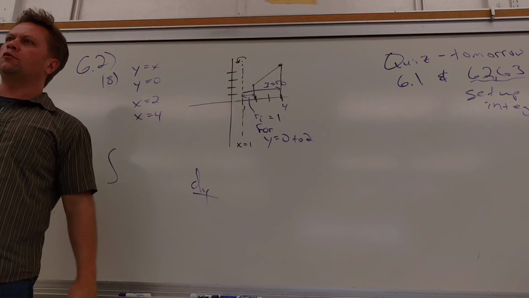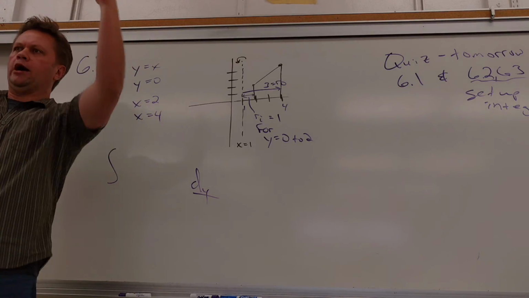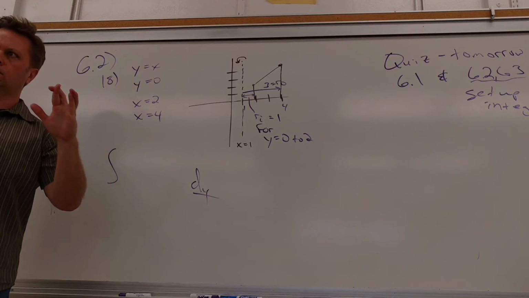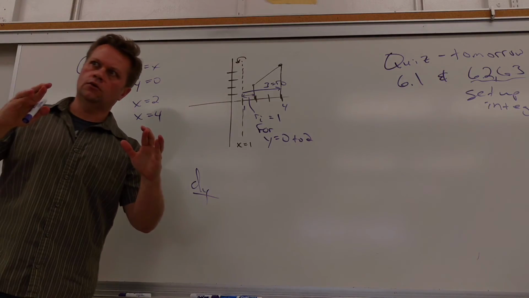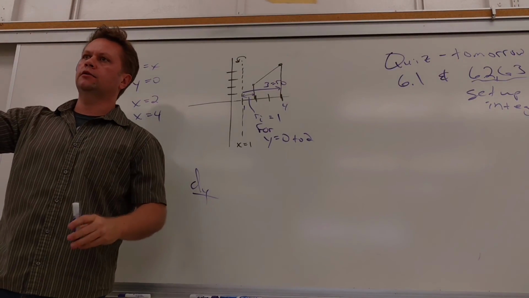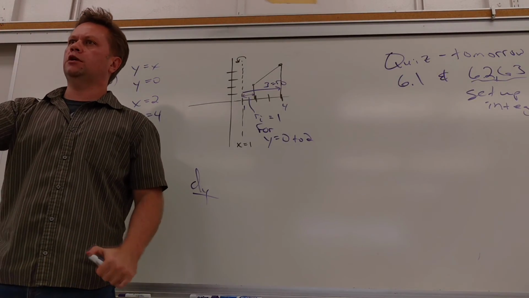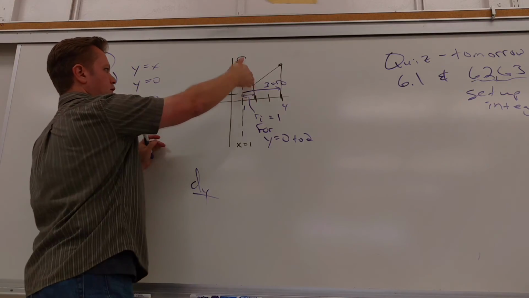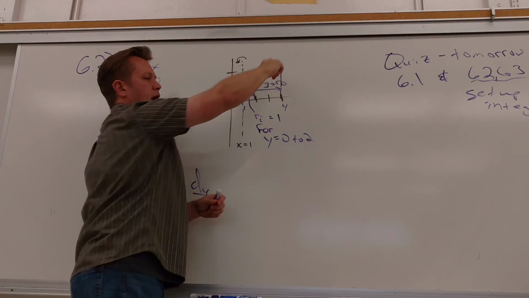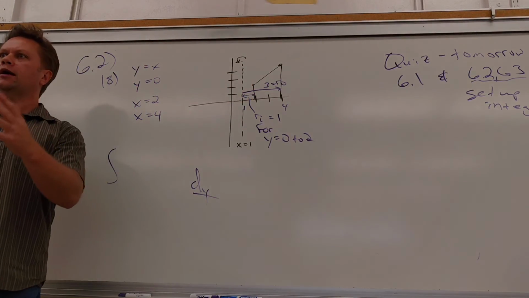When the definition of one of your functional boundaries changes. Exactly. Your boundary can be squiggly and changing, but it's still the same function, and you don't need to do 2 discs. So the definition of the boundary has to change. This boundary here is defined by x equal to 2. This boundary is not. That boundary is defined by x equal to y.